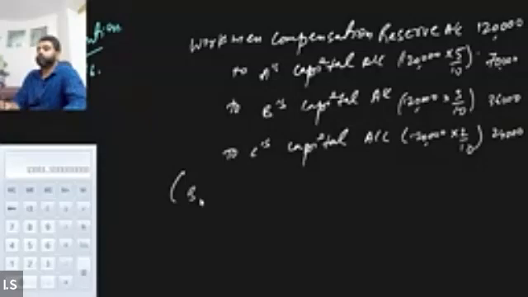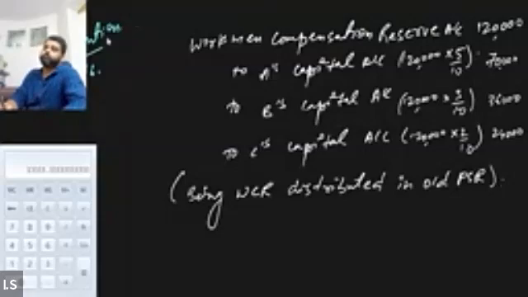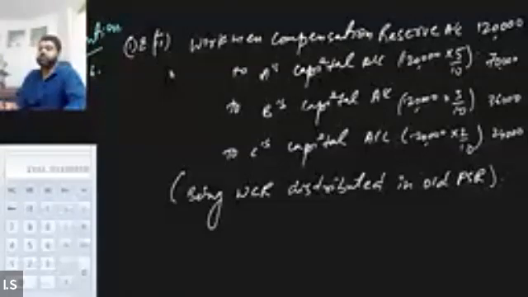We'll also write down the narration: workman compensation reserve distributed among the partners in old PSR, old profit sharing ratio. And the same general entry will be done for both the cases, for the first part and the second part. So I'm not going to do the same general entry again. I've just written it once, and for the first case and the second case we have to do the same general entry.